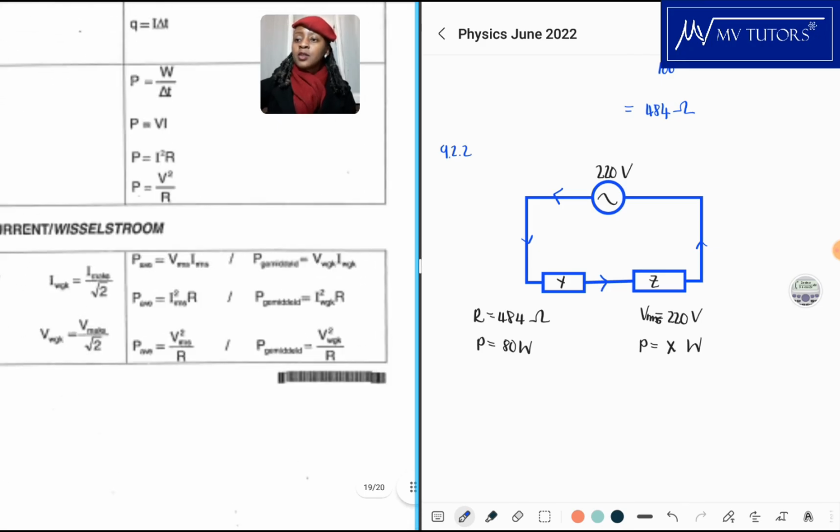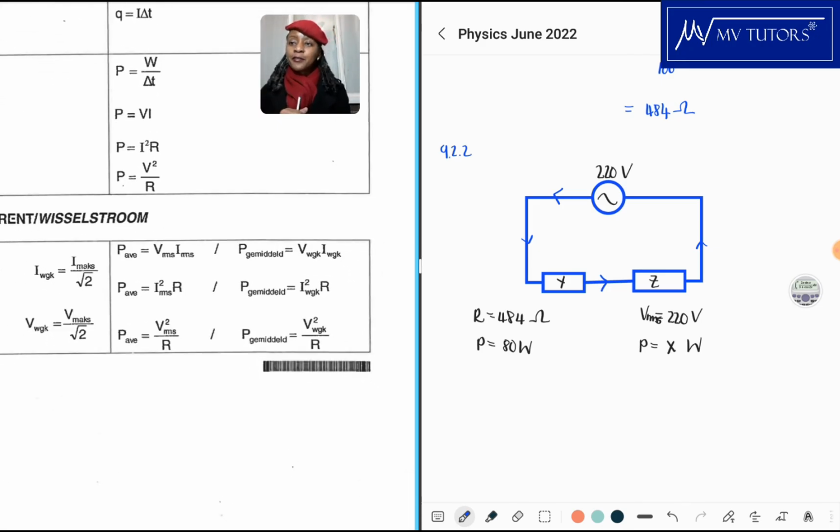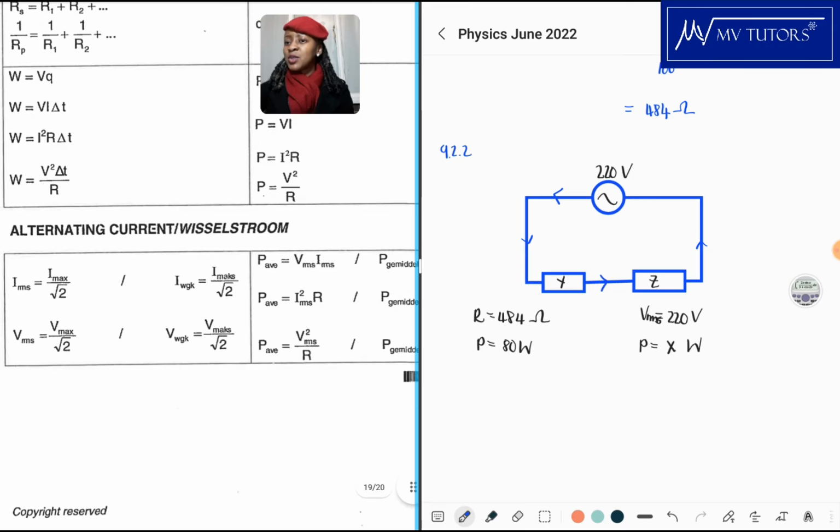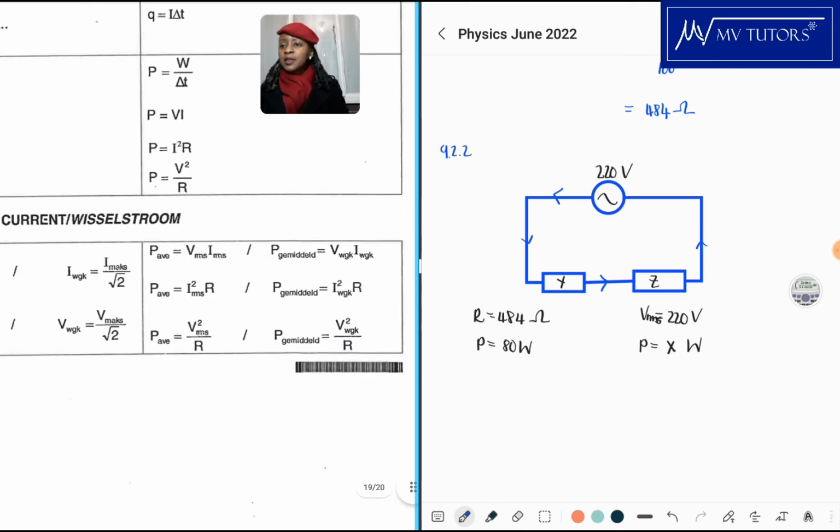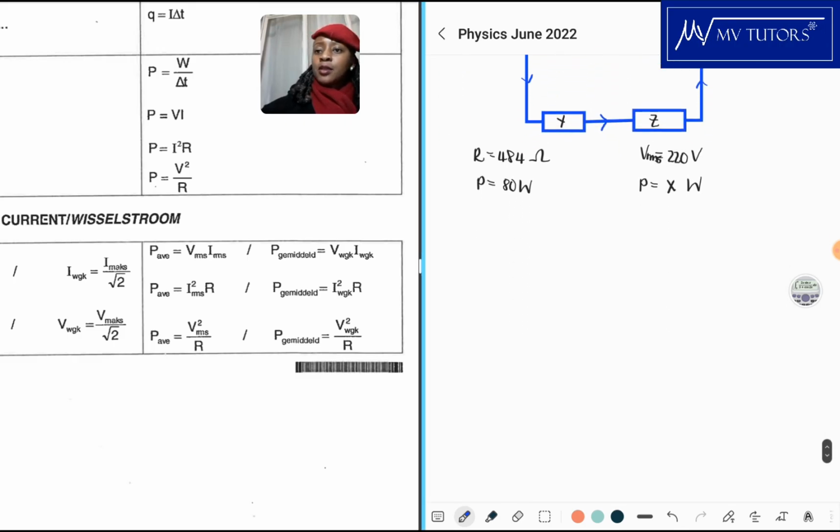How will I get current? We have two equations that involve current. I could use the average power, which is equal to VRMS times IRMS, so to get IRMS we take the average power over VRMS.